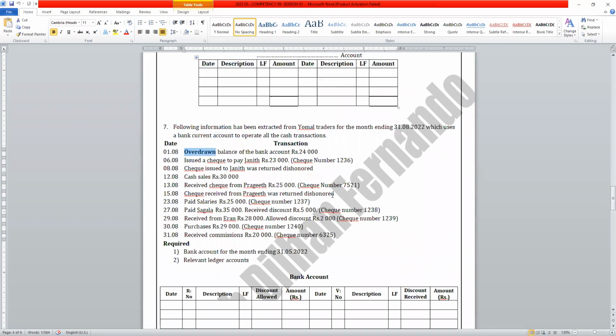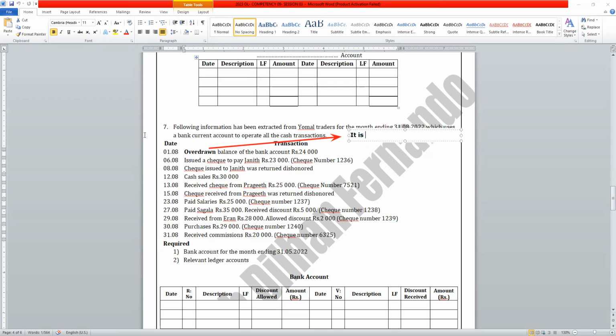Overdrawn balance. Everyone, write it like this.